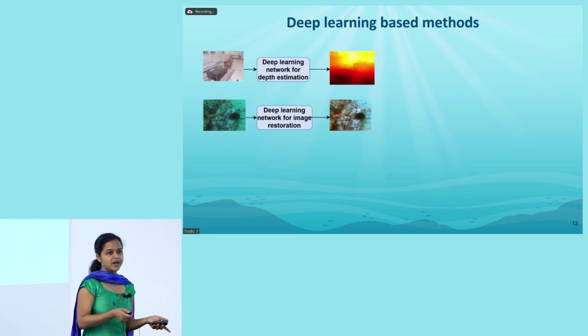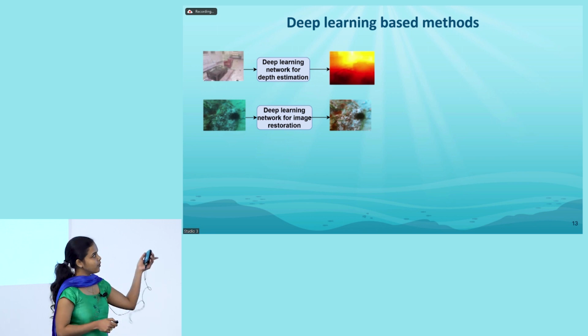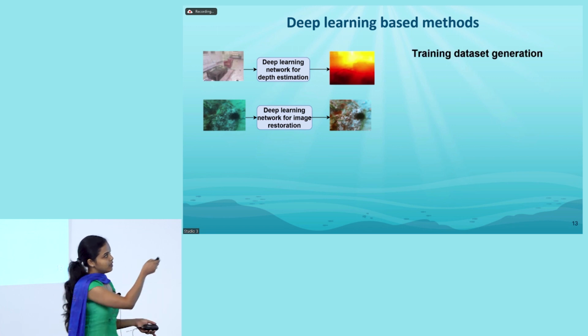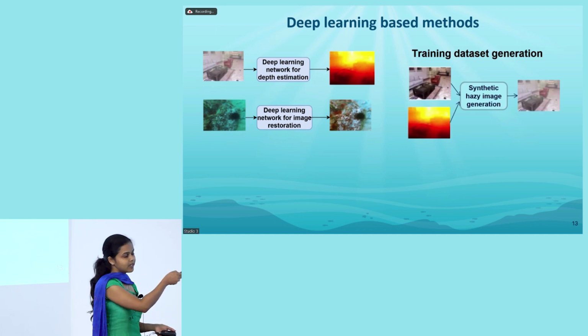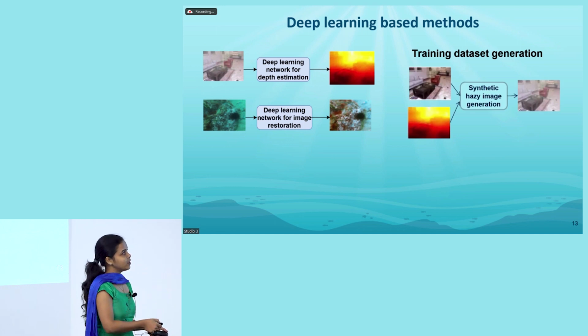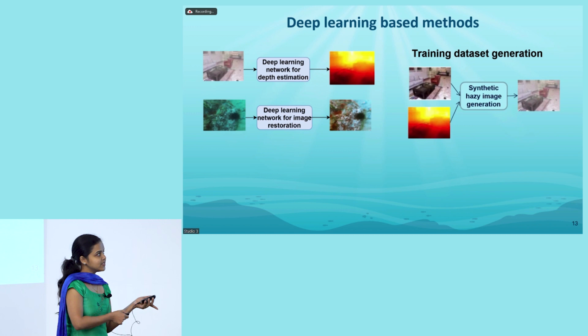The disadvantage of underwater restoration and depth estimation is that for underwater it is difficult to get the depth ground truth as well as the restored ground truth. So the first step for this deep learning based network is to generate training data sets. In the case of underwater, people typically use terrestrial images, that is above water images, and they have its ground truth.